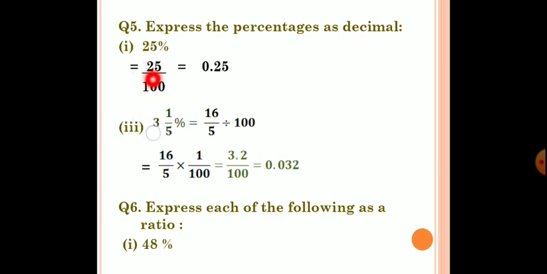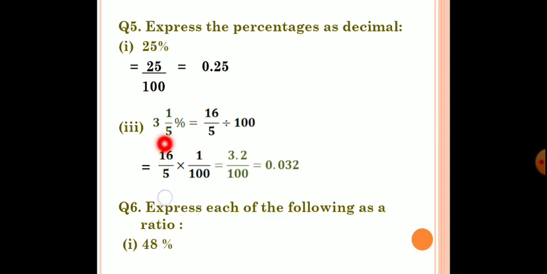Here in the numerator there is no decimal and in the denominator we have 2 zeros. So starting from the right hand side, we will count 2 digits and place the decimal in front of 2 digits. So we'll have 0.25 as the answer.